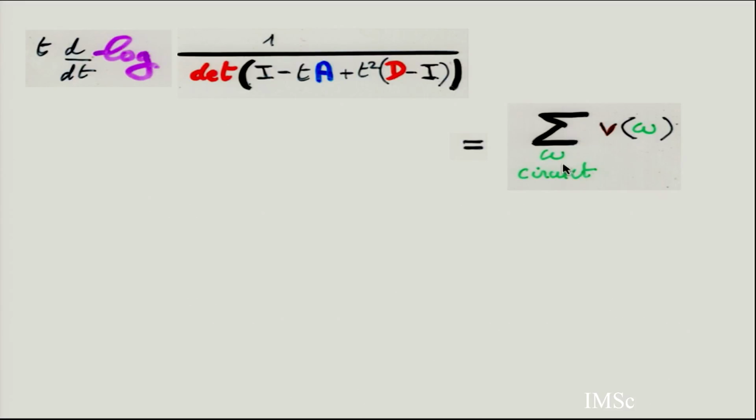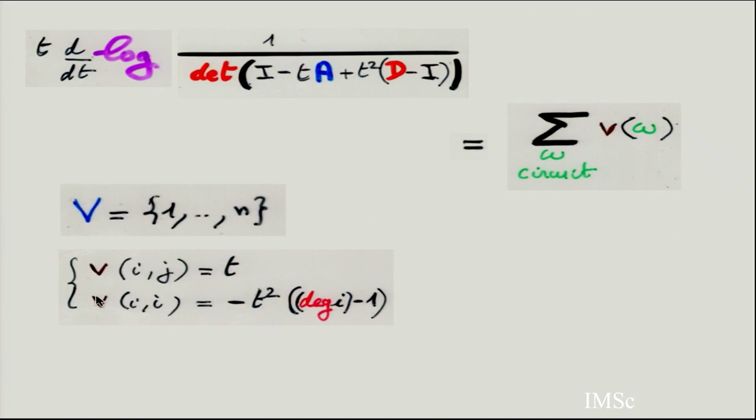We know now that the logarithmic derivative of this is a heap of cycles, but with a certain weight. And the logarithmic derivative will be the pointed pyramids of such heaps of cycles with a weight V.